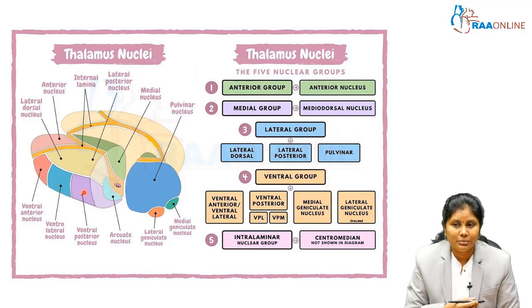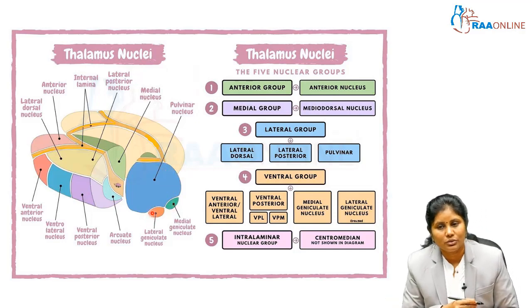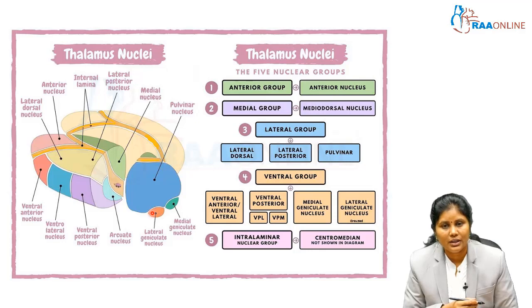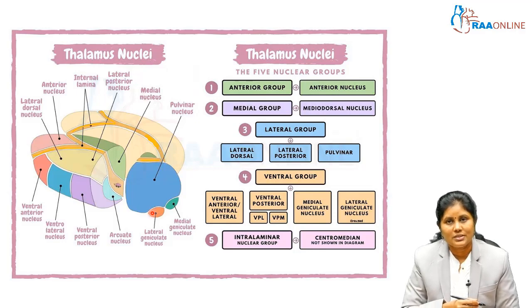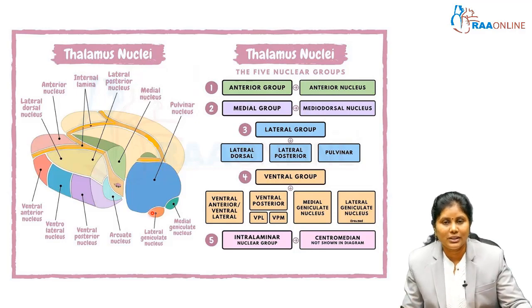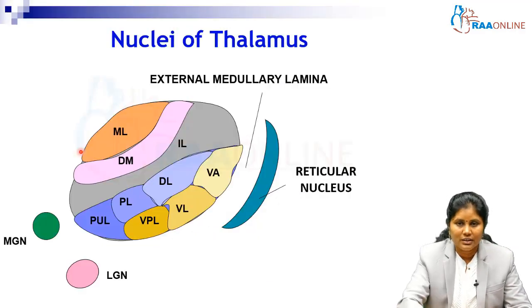Apart from that, the medial geniculate body and the lateral geniculate body also belong to the ventral group. In addition, we have one intralaminar nuclear group, which has the centromedian nucleus. Actually, this is not shown in this picture.